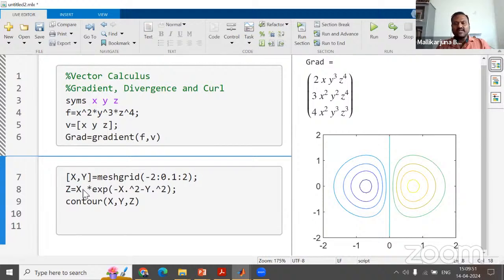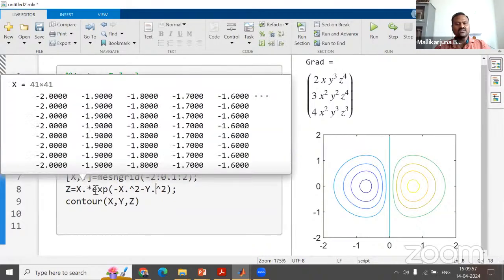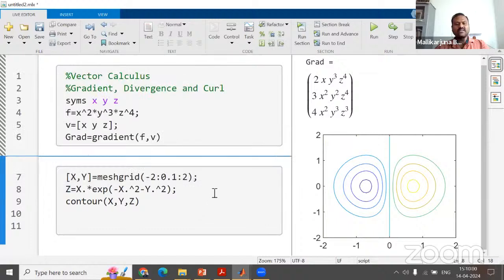Element-wise product I'm taking. I'm just simply changing here x dot square, y dot square, even the starting also x dot 2, right? Now you can see what is the graph of x into e power minus x square plus y square. This is the graph.